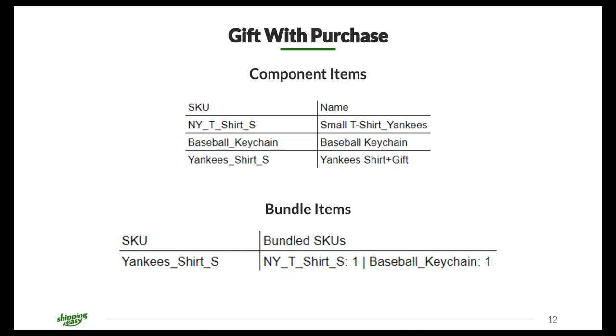So in this case, I have a t-shirt, a keychain, and the actual bundle itself. The customer only ever sees the t-shirt that they're purchasing, but it's automatically going to be sent to my shipping department as including a baseball keychain as well. And this is going to automatically subtract from the quantity available on my inventory too.